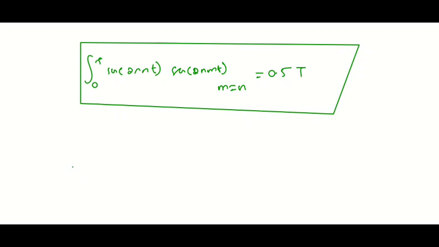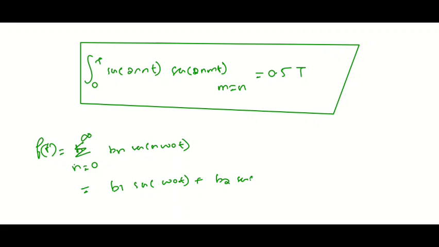And now we will see what happens here. F of t equals the summation from n is equal to minus infinity to infinity of bn sin n omega 0 t, right? Take from 0, okay. So it will be b1 sin omega 0 t plus b2 sin 2 omega 0 t plus b3 sin 3 omega 0 t plus etc. up to infinity, right? So now let's find b1.